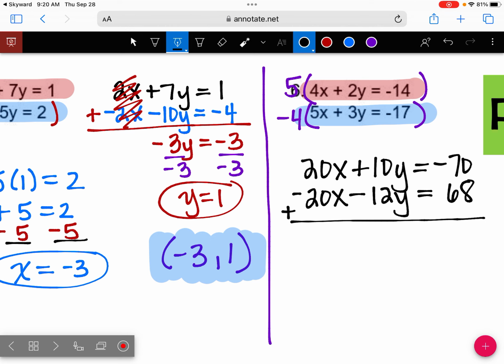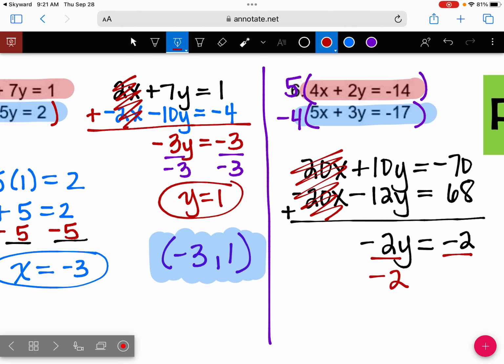So now after you multiply, you have opposite numbers, so we can add them together. When you add these two together, they cancel out. So 10y minus 12y is negative 2y. And negative 70 plus 68 is negative 2. Divide both sides by negative 2, and you get y is 1.